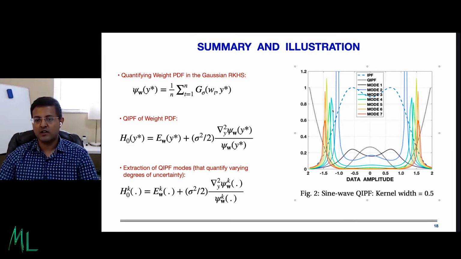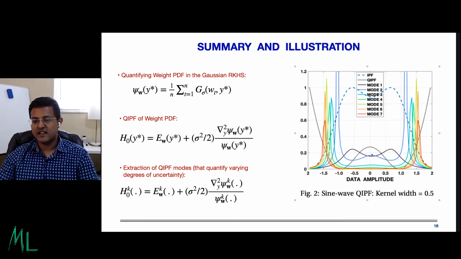So you have mode 1, mode 2, mode 3, mode 4, mode 5, and like that. It keeps on going. And even at the mean value of the sine wave, that is at 0.0, where uncertainty should be slightly higher than that of the peaks of the sine wave, but still lower than the tail regions.